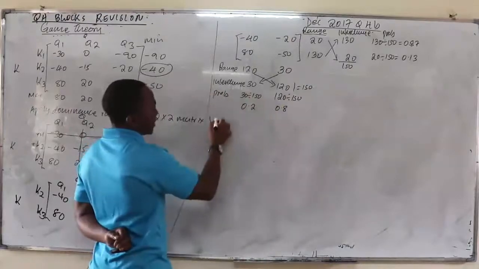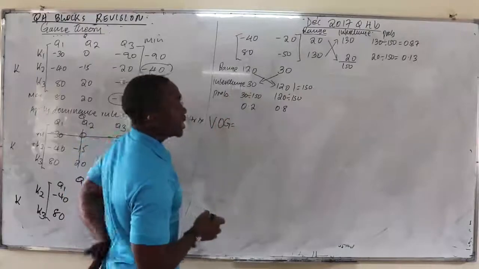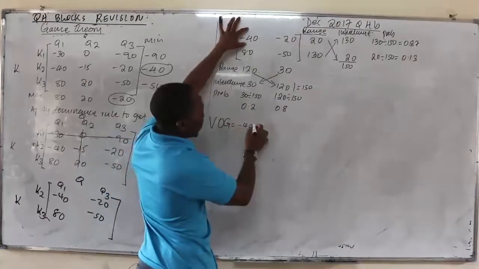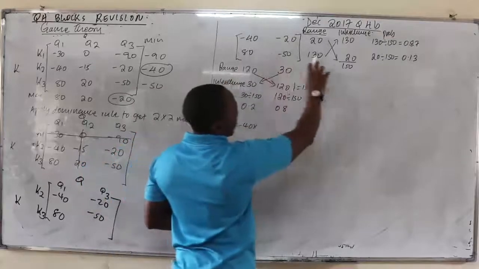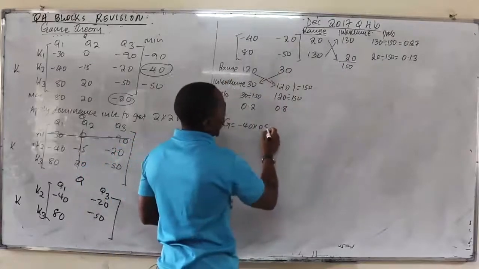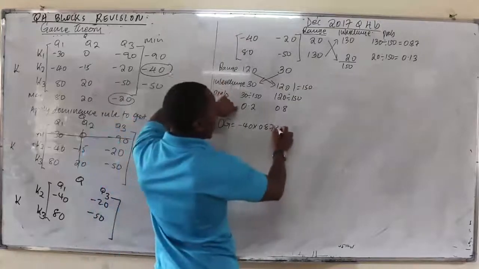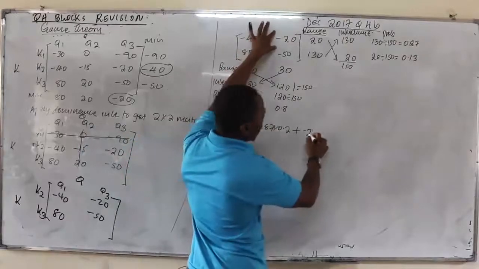So now let's get the value of the game. To get the value of the game, you take the payoffs. So you take -40 with its joint probability, both across the row and the column. The probability you have is 0.87, and then you multiply by its probability across the column of 0.2. Then you add the other payoff, -20.